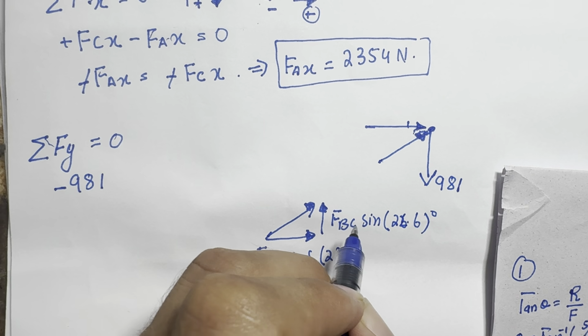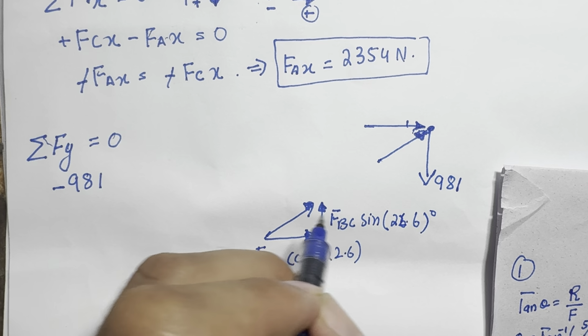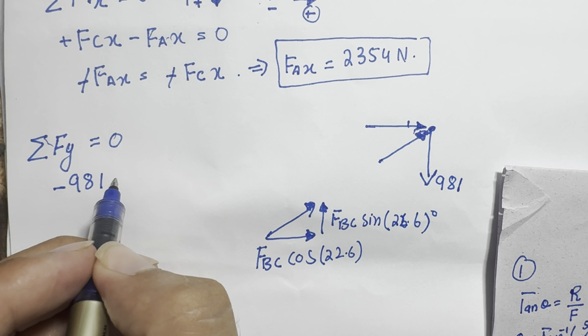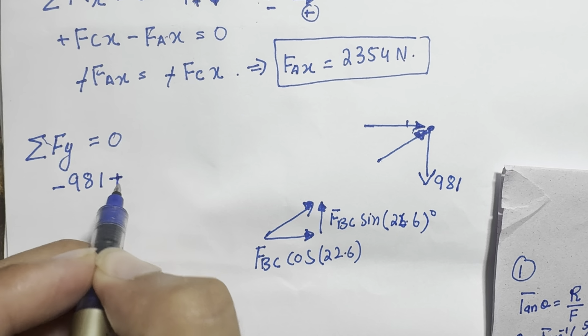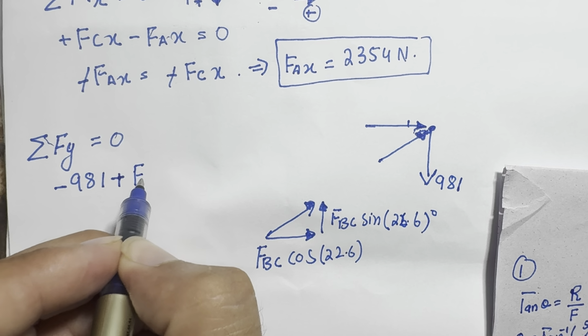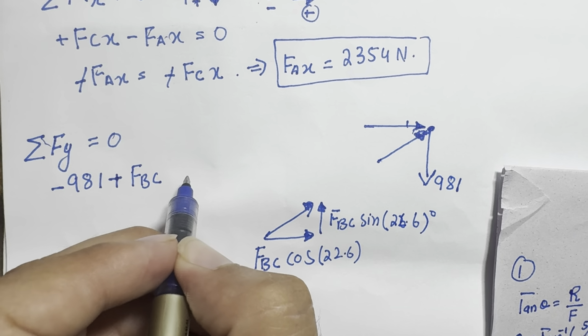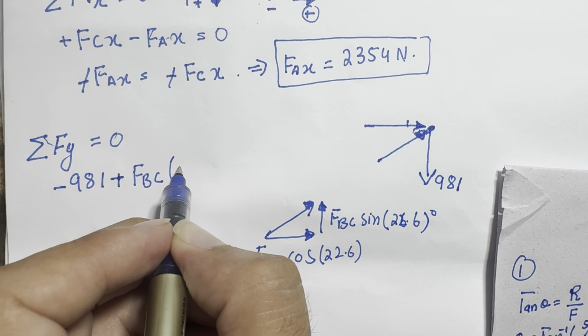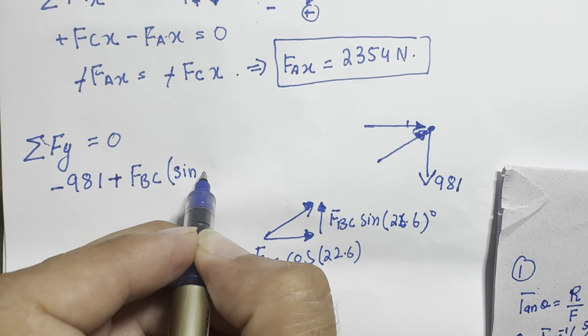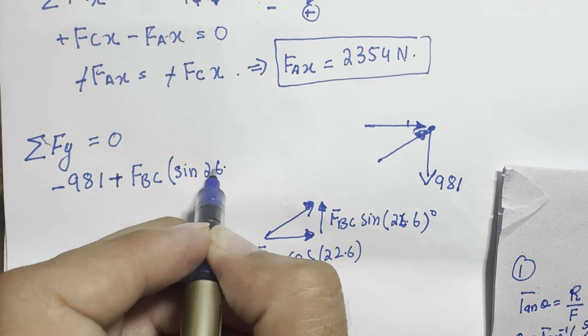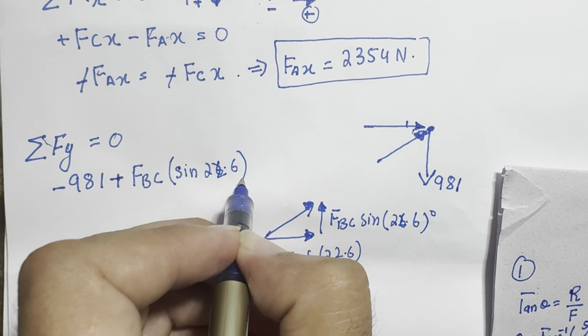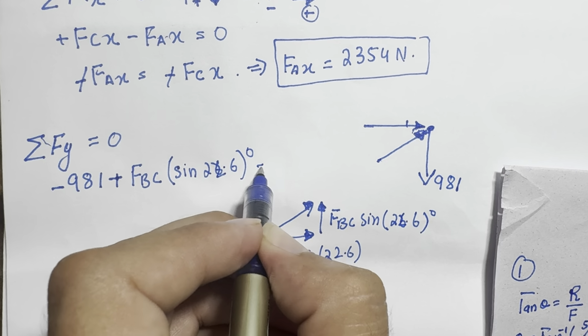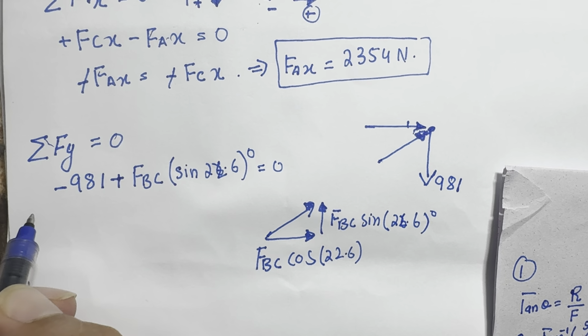The other vertical force is FBC sin 22.6 degree, which is upward, plus. So negative 981 plus FBC sin 22.6 degree equals 0. There is no other vertical force.